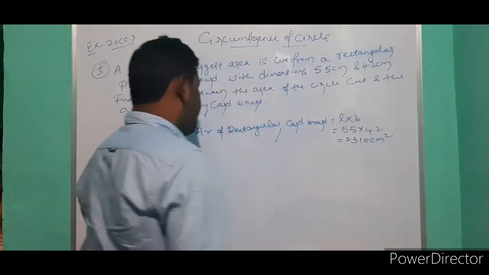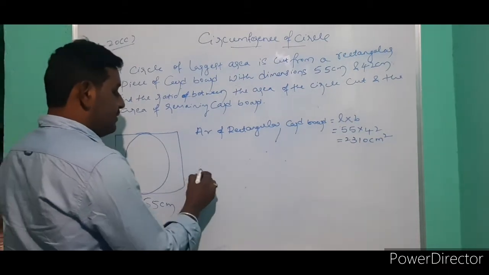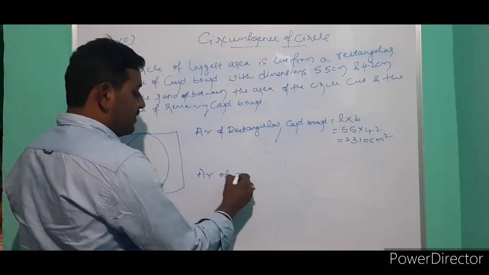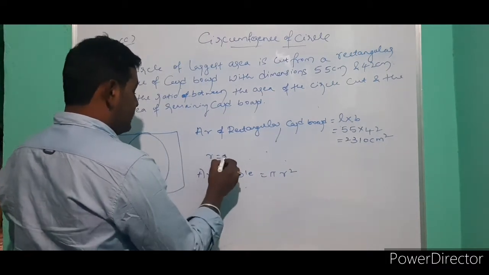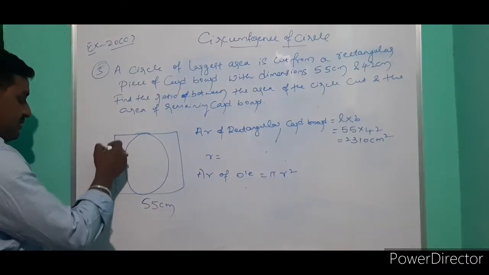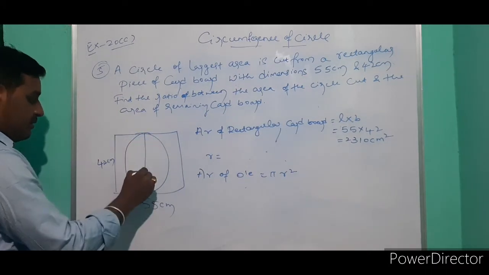centimeter square. Next, you have to find the area of the circle, pi r square. We don't know the radius. So the radius is, here 42 is there.